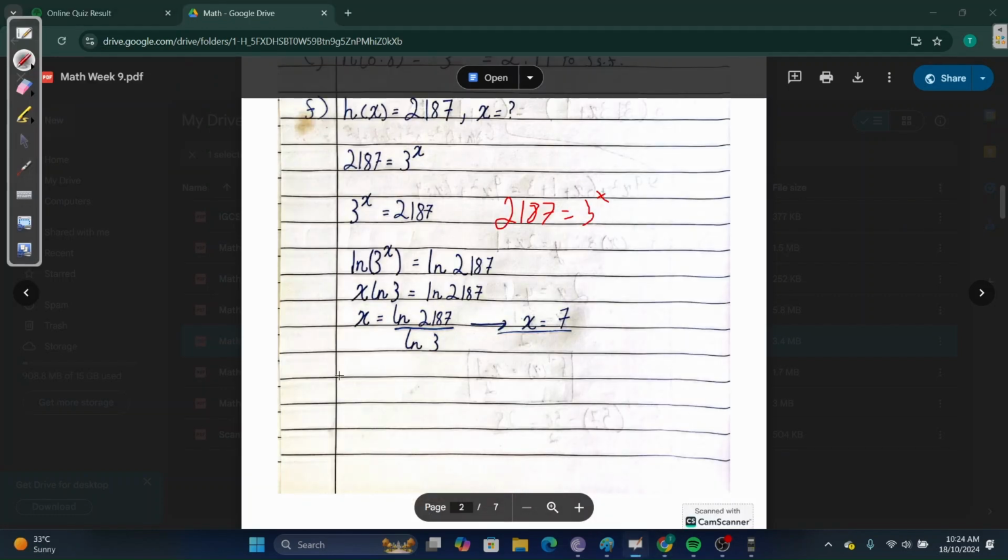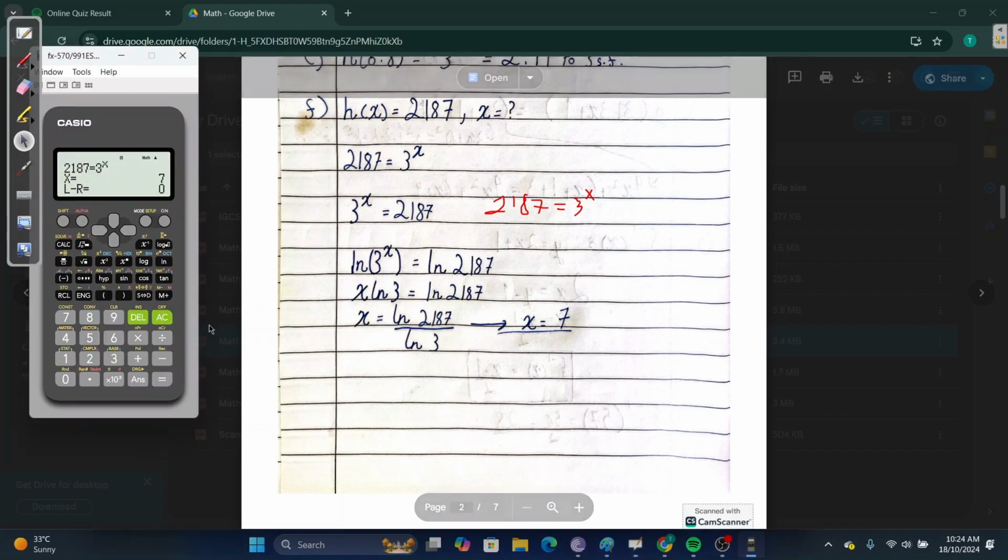We've reached part F. So 2187 equals 3 to the power of x, right? Now, if your calculator has an equation solver, you can just do 3 to the power of x is equal to 2187.